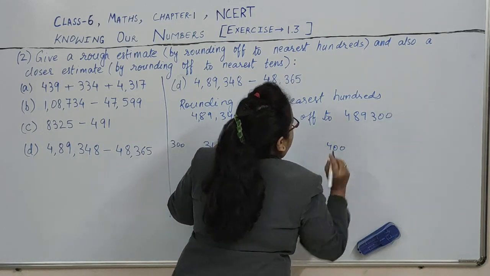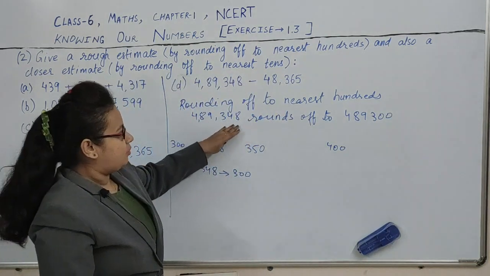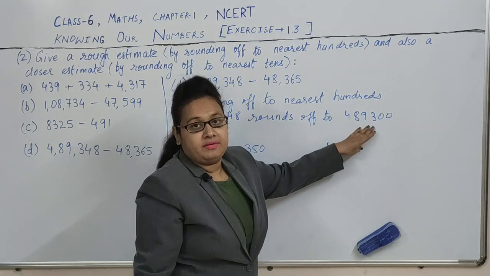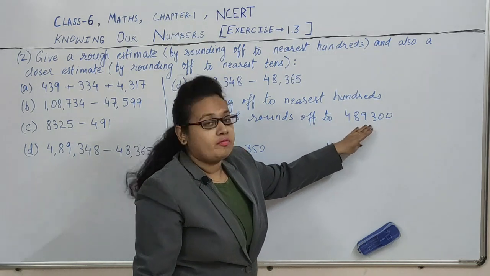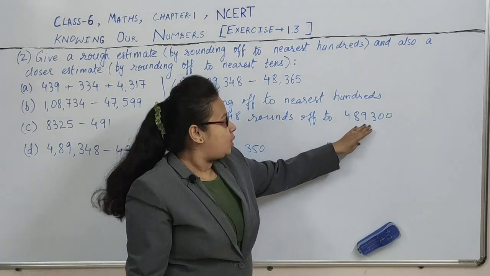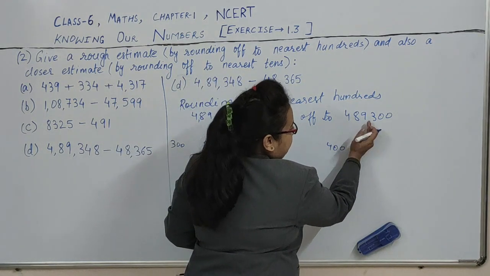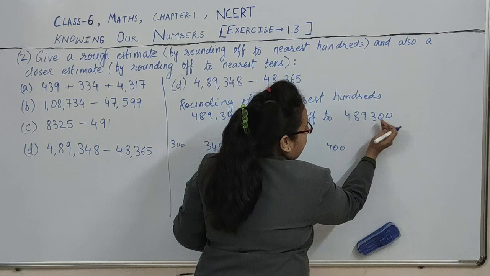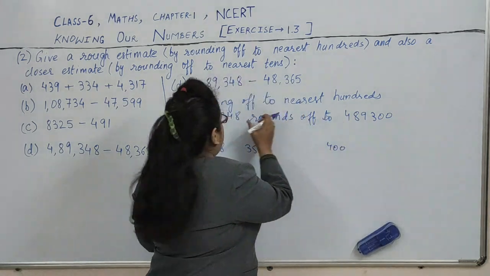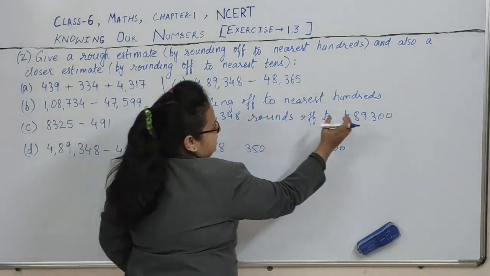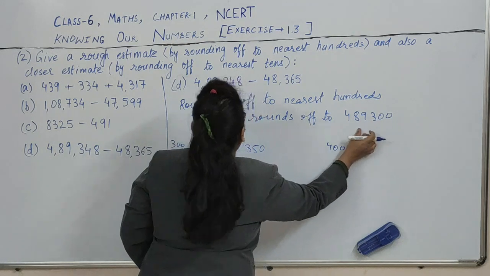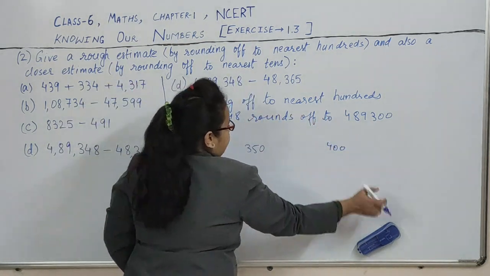See, this number rounds off to this when we are rounding it off to the nearest hundreds. We don't have to focus on the other digits. We have to only focus up to the ones, tens and hundreds places. And we have rounded this off to 300.